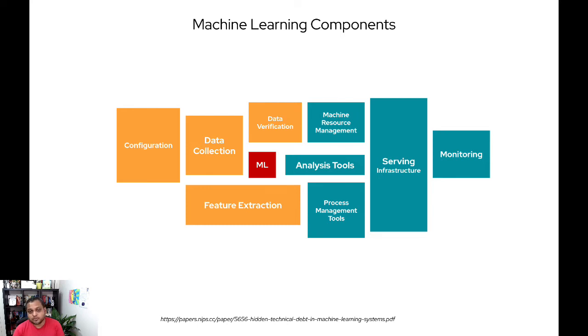So you need to make sure that the model is continuously delivering the value that is expected out of it. So you need monitoring tools, so you can trigger, for example, retraining or go to some different model to achieve the outcome. So the focus should not be only building and tuning, it should be across all these components. And that's one of the key factors to make your machine learning initiative a successful one.